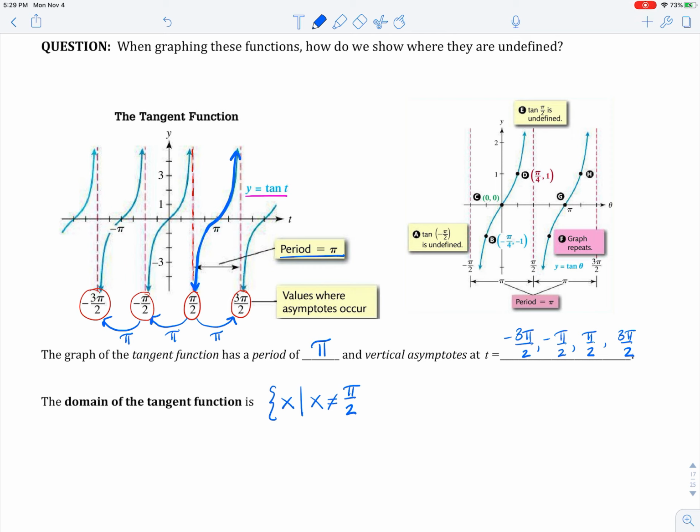So that's the relationship between the vertical asymptote at x equals pi over 2 and all of the other asymptotes: there's a difference of a multiple of pi. So we say that the domain is the set of all x such that x is not equal to pi over 2 plus pi n, pi times n, where n is any integer.